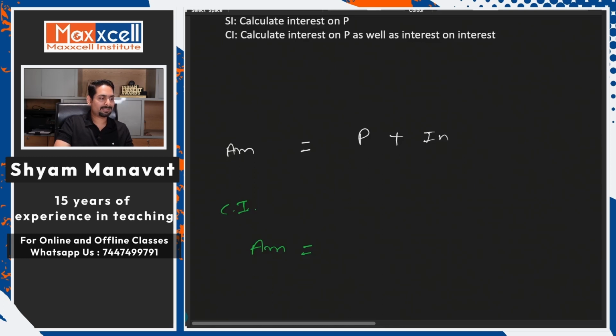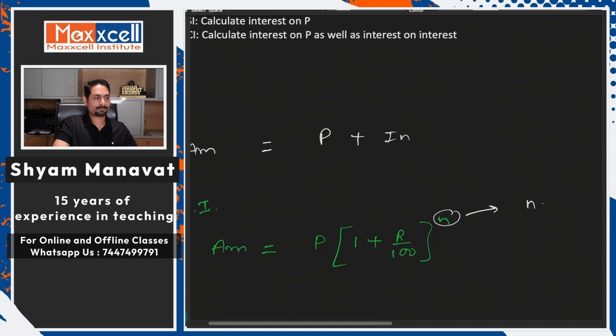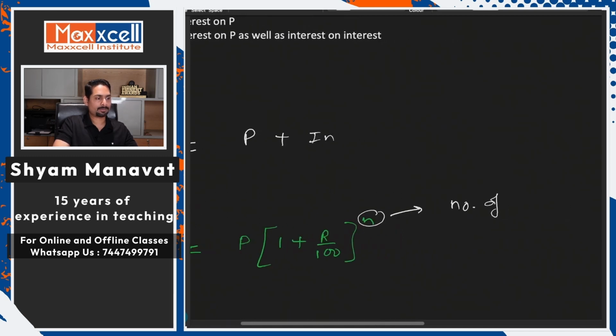So here we say, on the original principal, which we will keep as P here, you apply 1 plus rate of interest to the power n, and here n represents the number of periods.